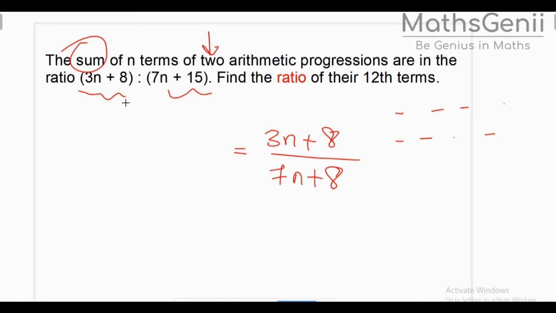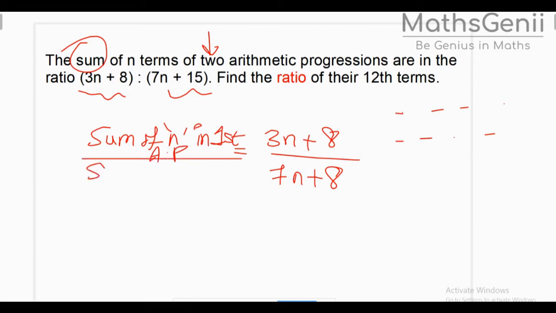Two arithmetic progressions. So let's say this is the sum of n terms in the first AP, upon, let's say this is the sum of n terms in the second AP. Okay, this is clear.